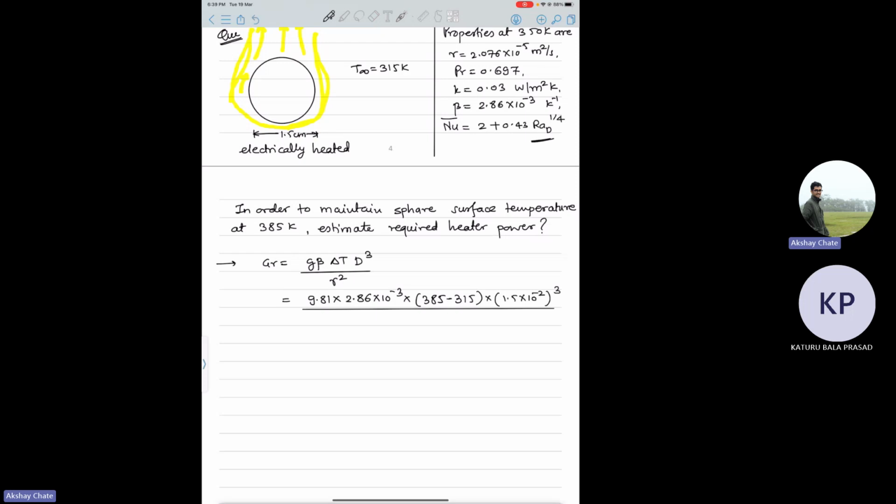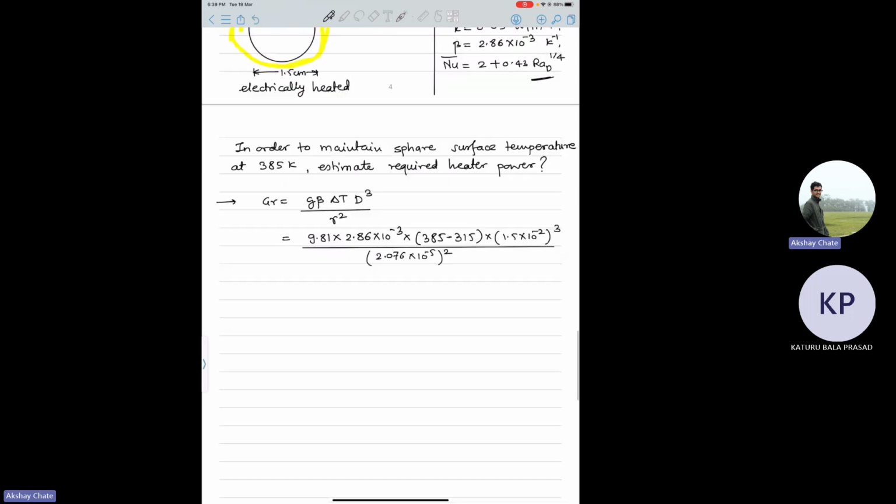And the fluid viscosity is 2.076 into 10 to the power minus 5, whole square. I'm skipping the calculation here, but you can always cross check it. It should be around 15,379.8. So basically it is around 10 to the power 5, roughly.